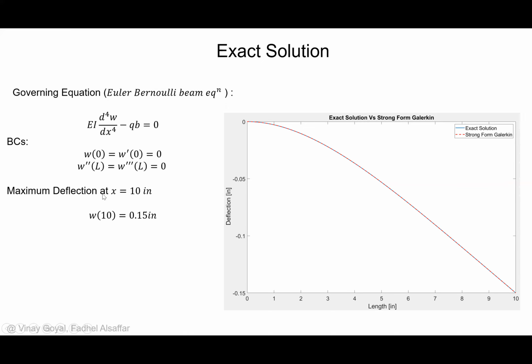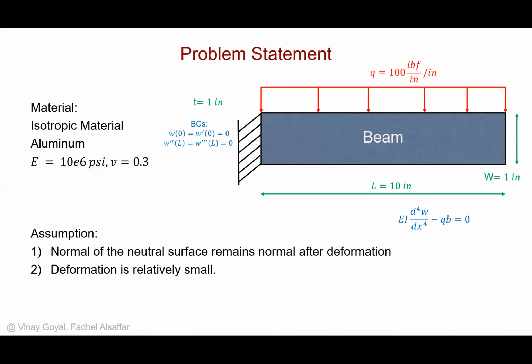And what we expect to have, and these are the results that we obtained out of the analysis, is that at the end of the beam we're supposed to have a deflection here. Since I'm assuming a length equal to 10 inches, we're supposed to have a 0.15 deflection. So we run our analysis on both the 1D and the 3D beam and compare our results.